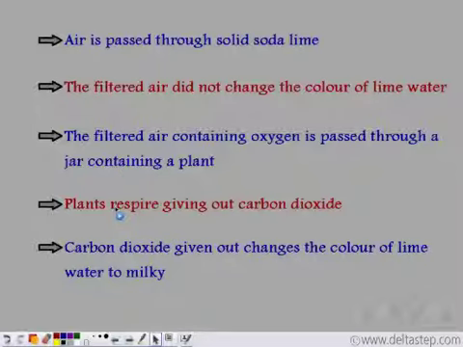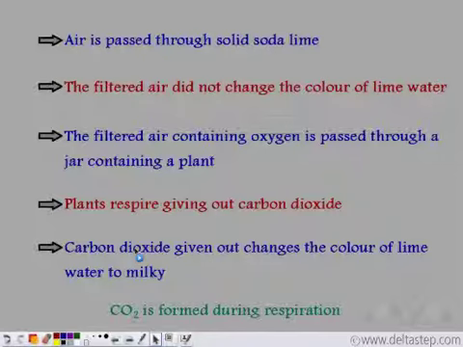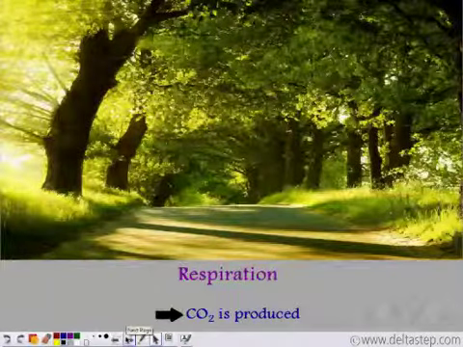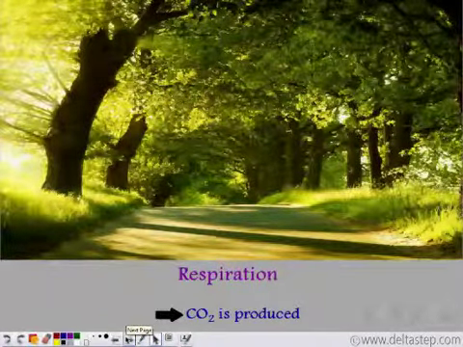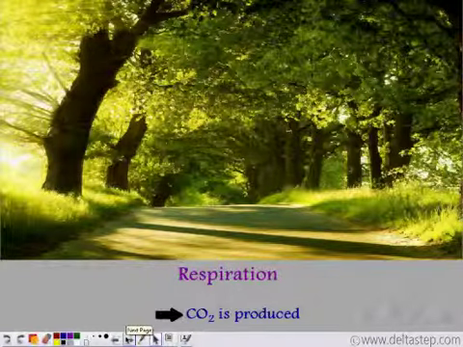Now, the carbon dioxide given out from the plant does change the color of lime water to milky. So, from this experiment, it is proved that carbon dioxide is formed during respiration. So, plants respire to give out carbon dioxide.